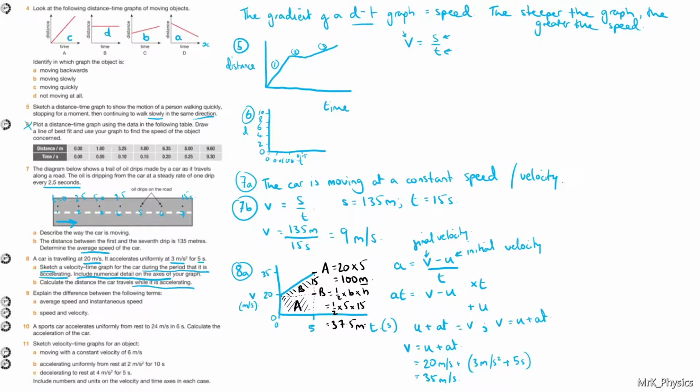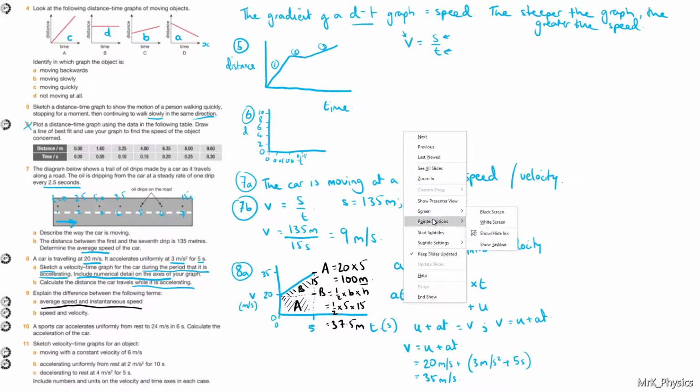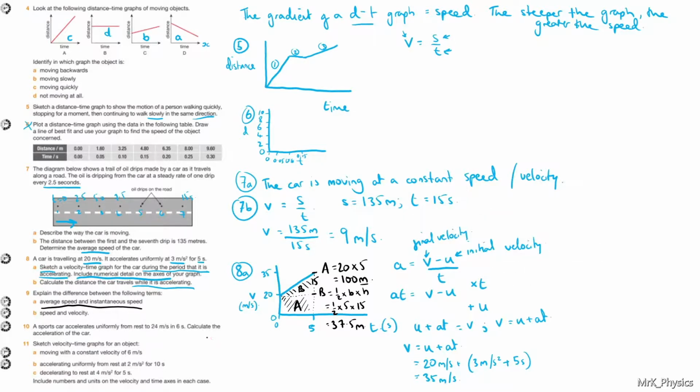Okay, explain the difference between the following terms: average speed and instantaneous speed. Let me go with a different colour, this kind of maroon colour. So 9A, we're looking at the average speed versus instantaneous speed.